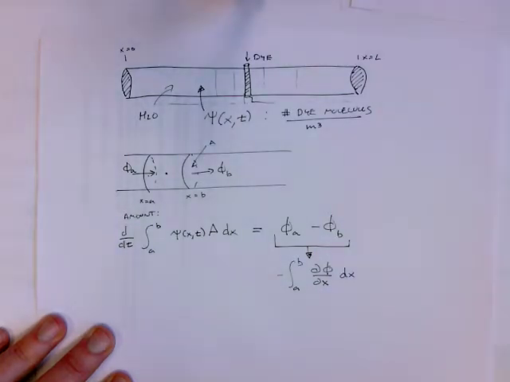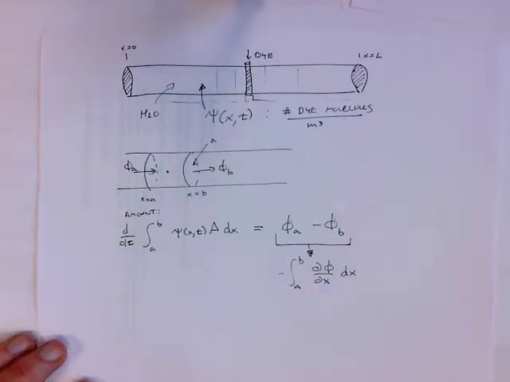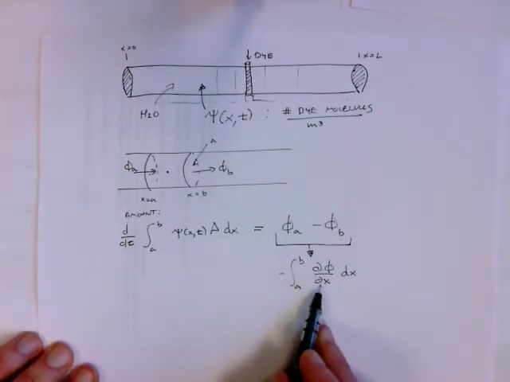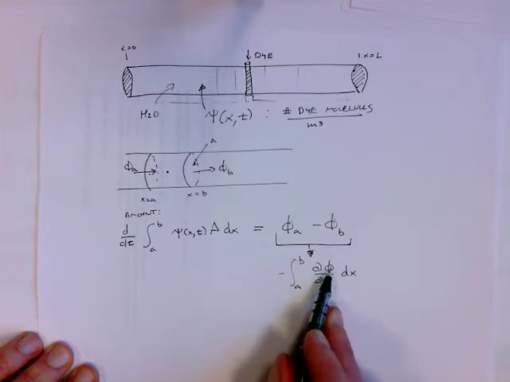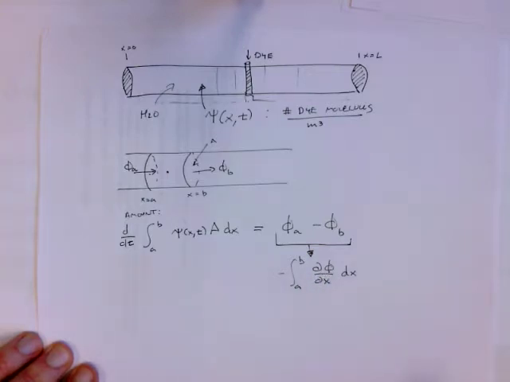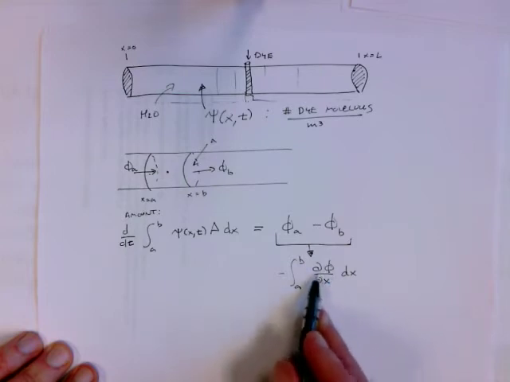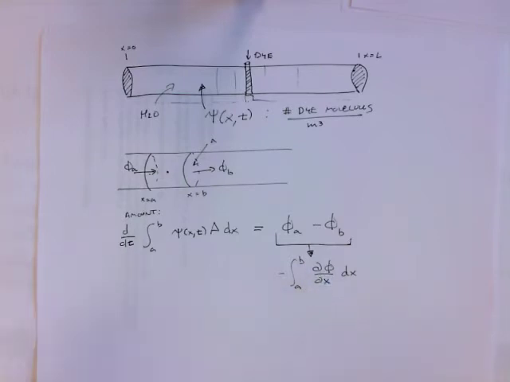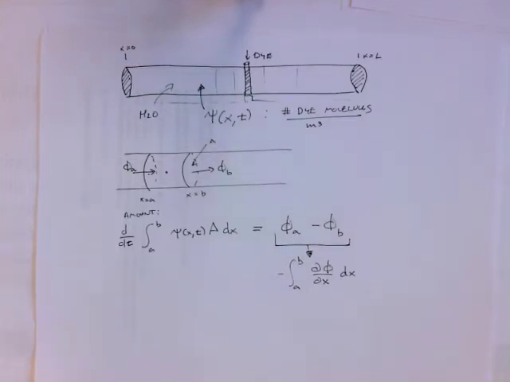That's just the fundamental theorem of calculus. Sure. Okay? And notice that I have chosen to write a partial derivative here because, of course, this flux might change in time as well as changing in space. So I need to take the derivative with respect to position at a snapshot in time. So I'm holding time constant and just asking the question at that instant, how is flux changing in space?